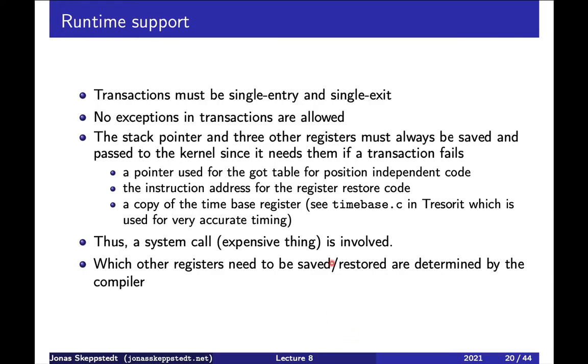First, 3 registers, and this is nothing that you need to worry about for the exam, but there is a register used for a thing called the global offset table, and that is used for linking code during execution.